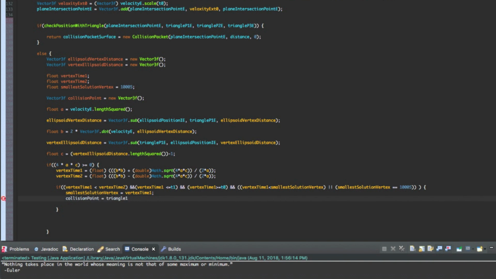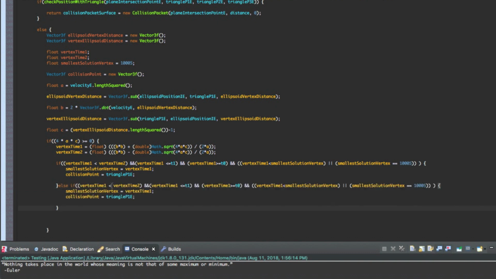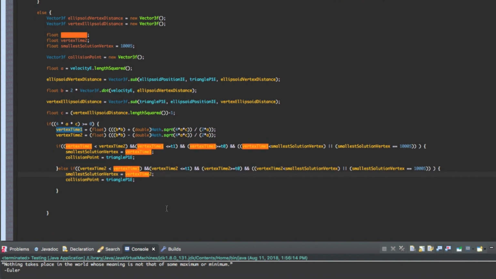And then we'll also want to run this check again for the vertex time 2. So just switch all these values. So if vertex time 2 is less than vertex time 1, and vertex time 2 is less than or equal to T1, and vertex time 2 is greater than or equal to T0, and vertex time 2 is less than the smallest solution vertex, then we can set the smallest solution vertex to vertex time 2.